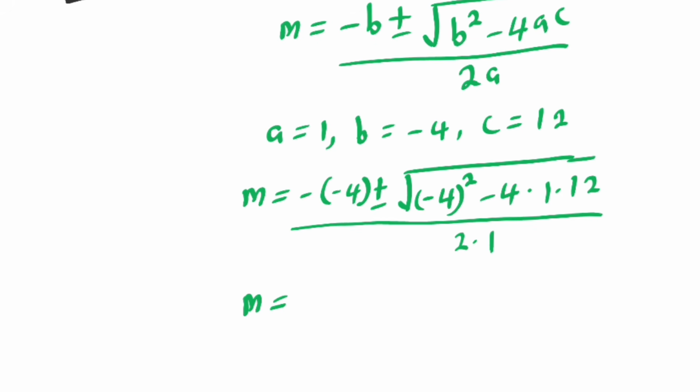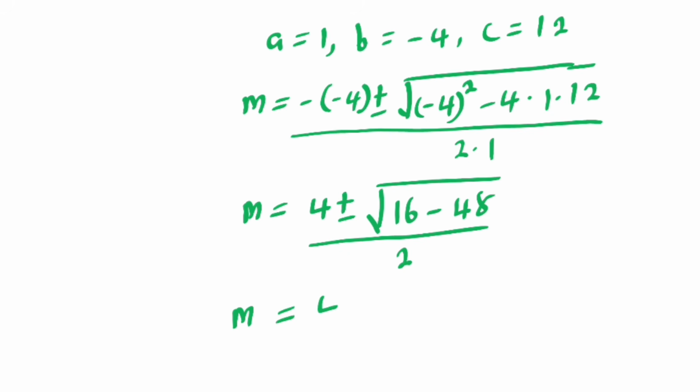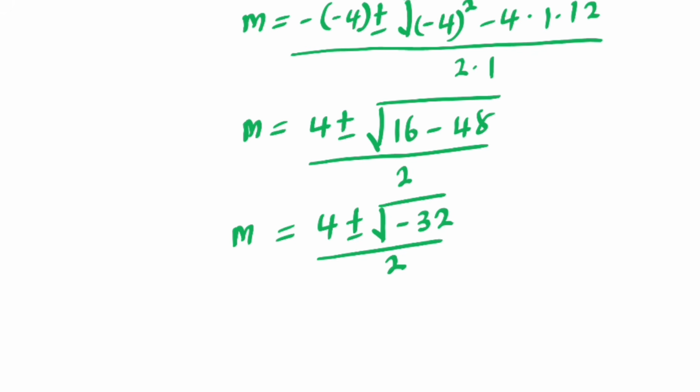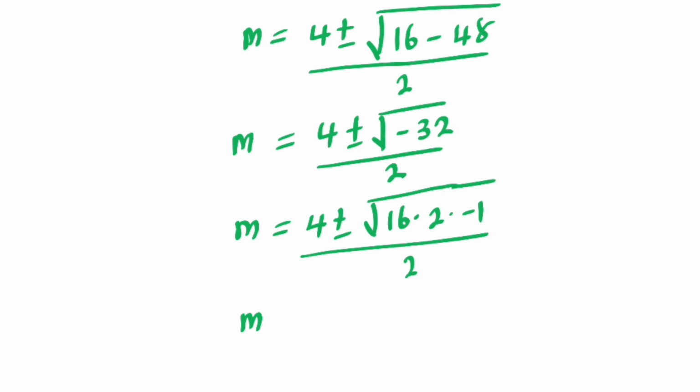m is equal to minus times minus 4, that is 4, plus or minus square root of minus 4 square, that is 16, minus 4 times 1 times 12, that is 48, over 2 multiplied by 1, 2. m is equal to 4 plus or minus square root of 16 minus 48, that is minus 32, over 2. m is equal to 4 plus or minus square root of minus 32 can be written as square root of 16 multiplied by 2 multiplied by minus 1 over 2. m is equal to 4 plus or minus square root of 16, that is 4.